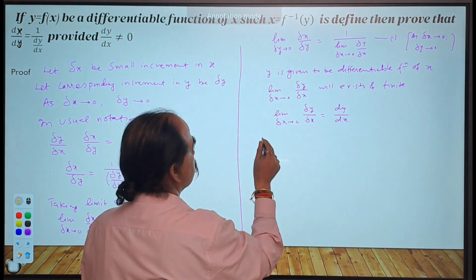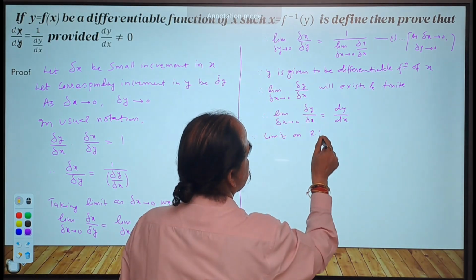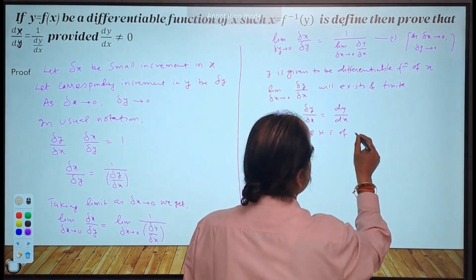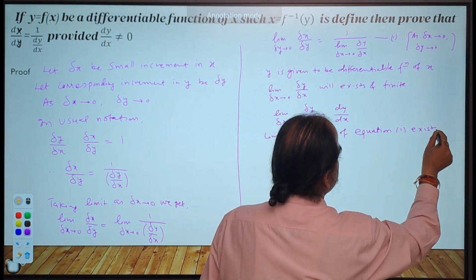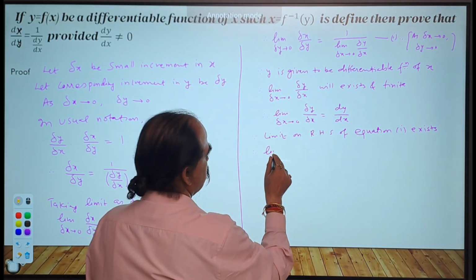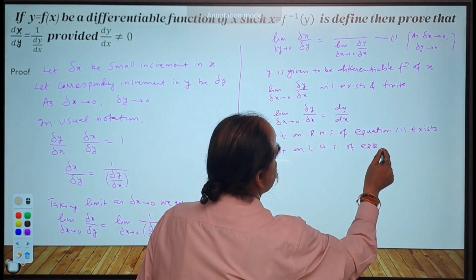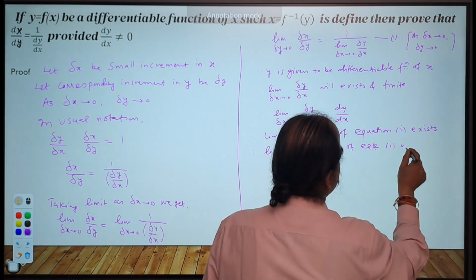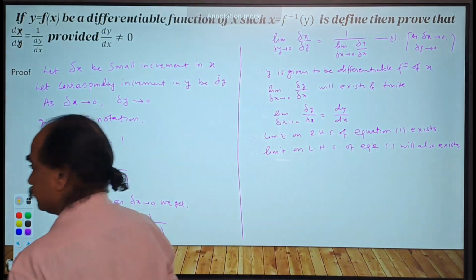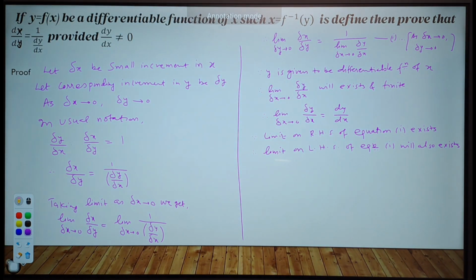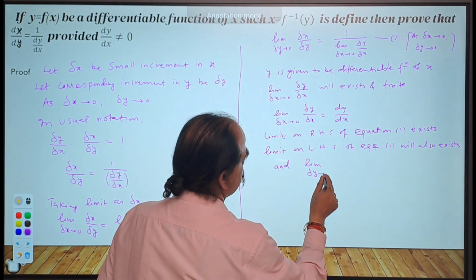Since limit on right hand side of equation 1 exists, therefore limit on left hand side of equation 1 will also exist and limit delta y tends to 0.